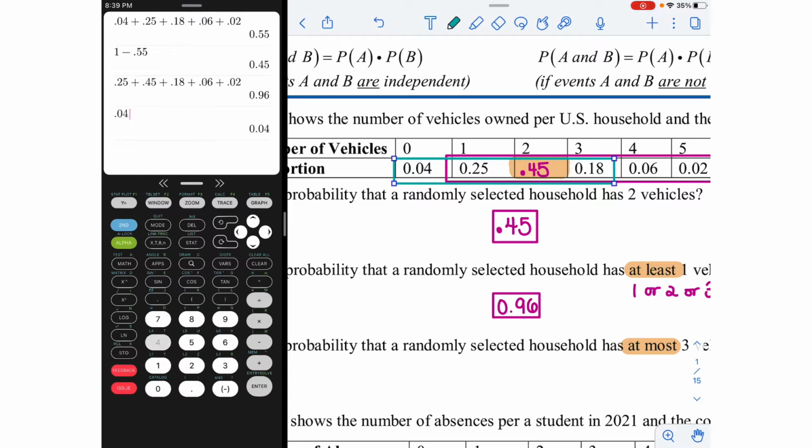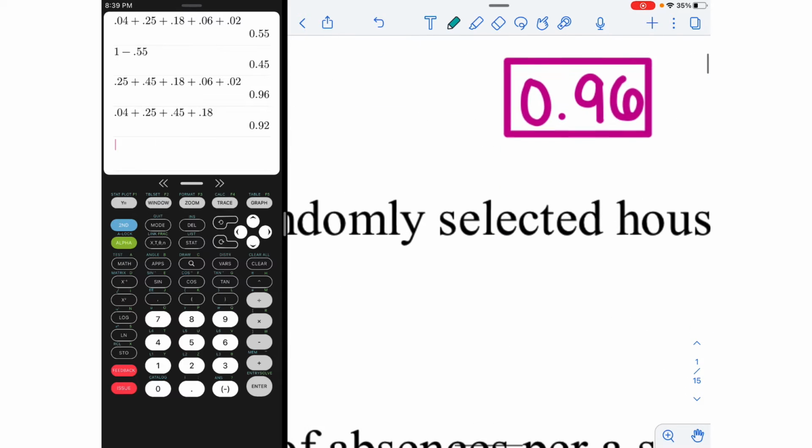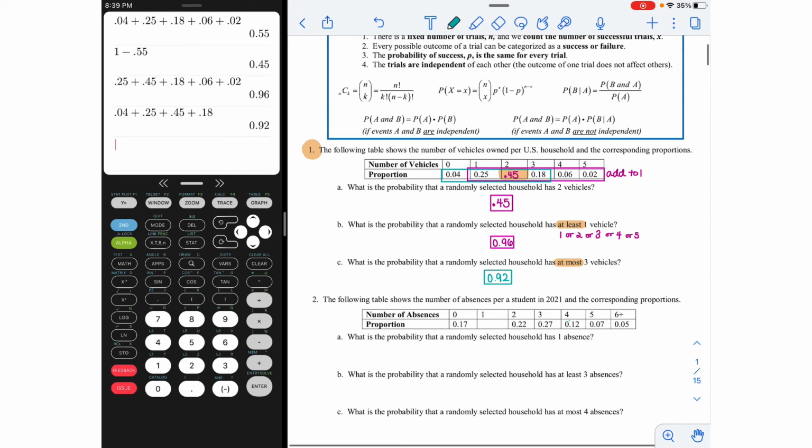So in my calculator, 0.04 plus 0.25 plus 0.45 plus 0.18. And that answer is 0.92. And again, they show their work a little bit differently than I, but this is how my brain works, so that's how I would do it.